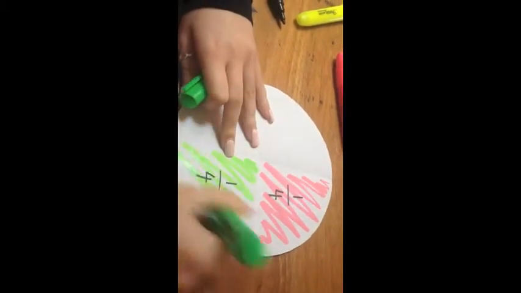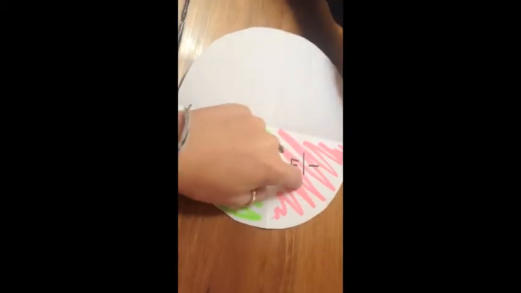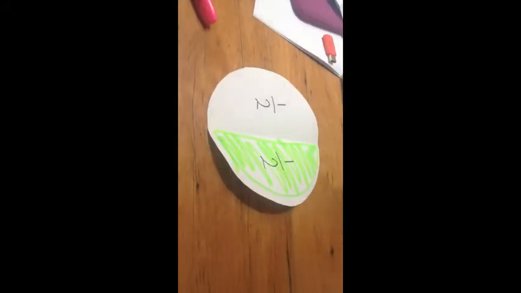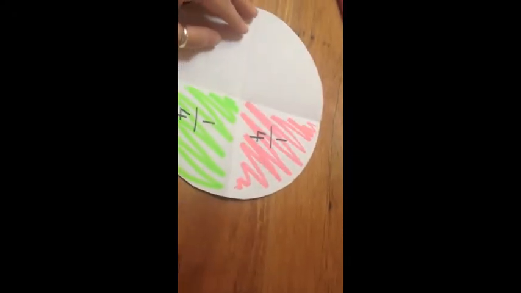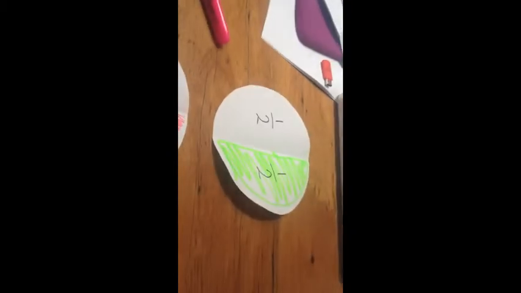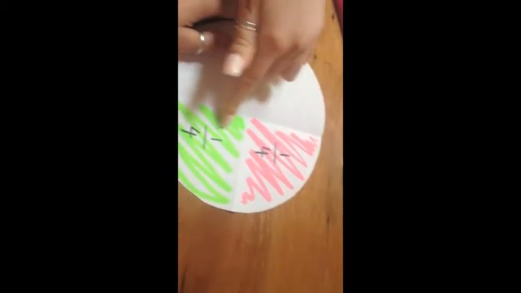Yep. Have you coloured in a quarter? It sort of looks like that. So it's a half. Good. So 2/4. So what you're telling me is 2/4 is the same as a half. I guess so, because that's 1/4 and that's 1/4, so that's 2/4, and that looks the same as that.